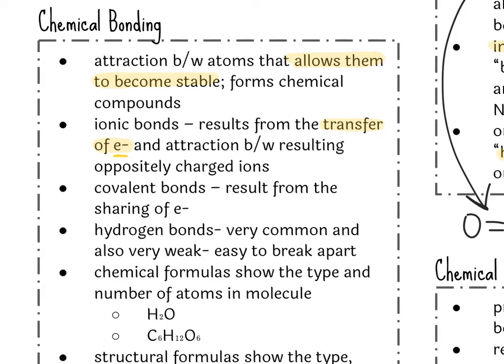It means electrons, which are the negatively charged particle found in the atom. But ionic bonds result from the transfer of electrons and the attraction between resulting oppositely charged ions.